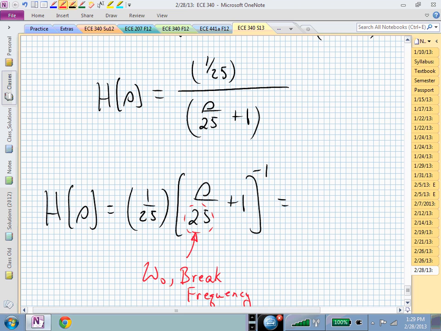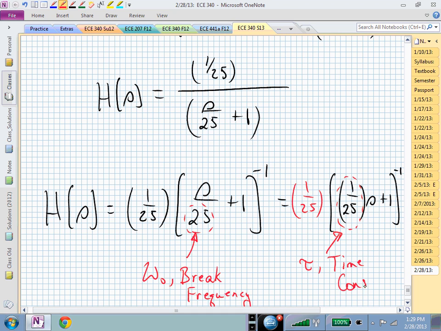Or somebody might refer to something similar to that, and they may say, well, I like it to be referred to as a time constant. And if that's the case, now we would identify this 1 over 25 as the time constant associated with that pole factor. This is now the tau, or the time constant.